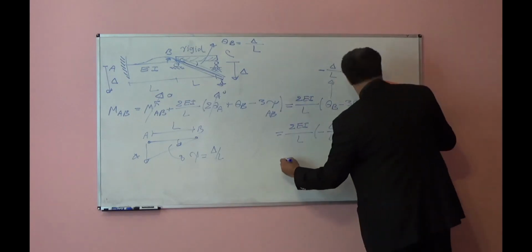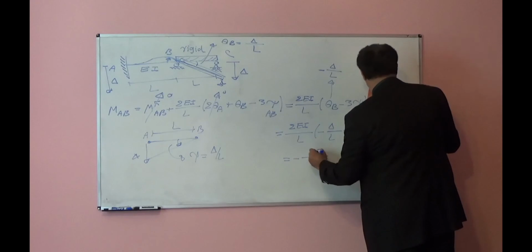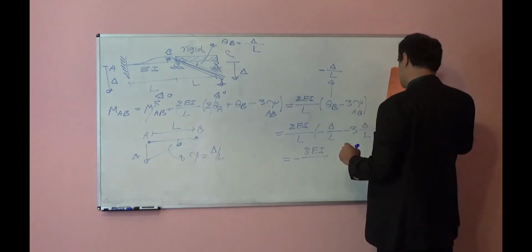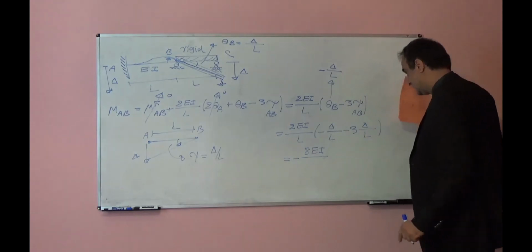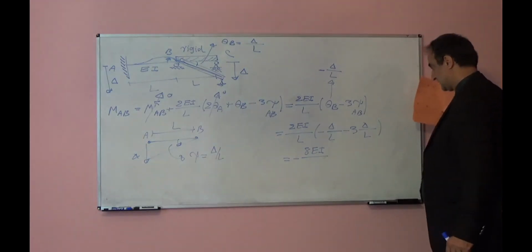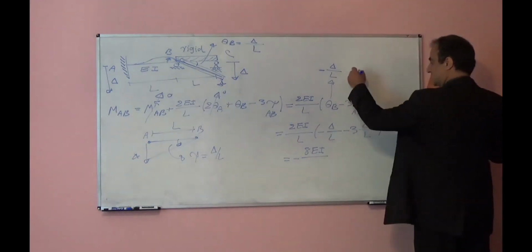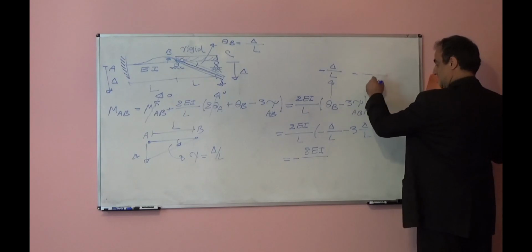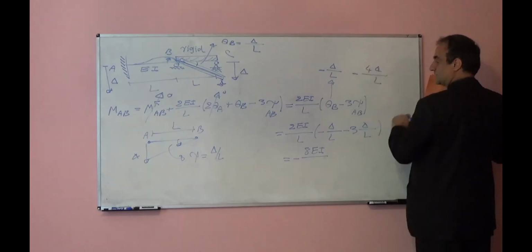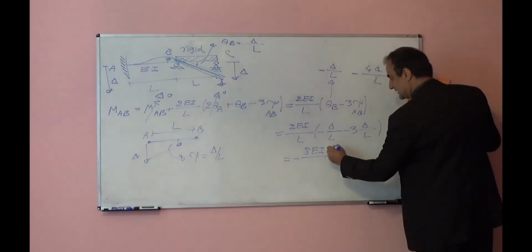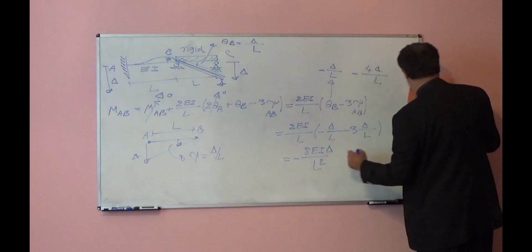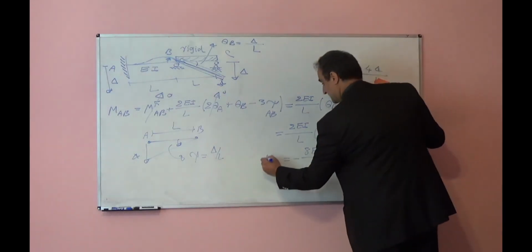This will be equal to negative 4 times 2, negative 8 EI delta over L squared. That is MAB.